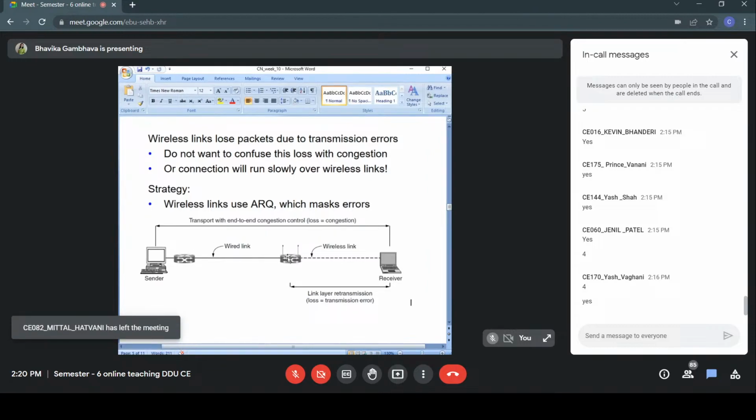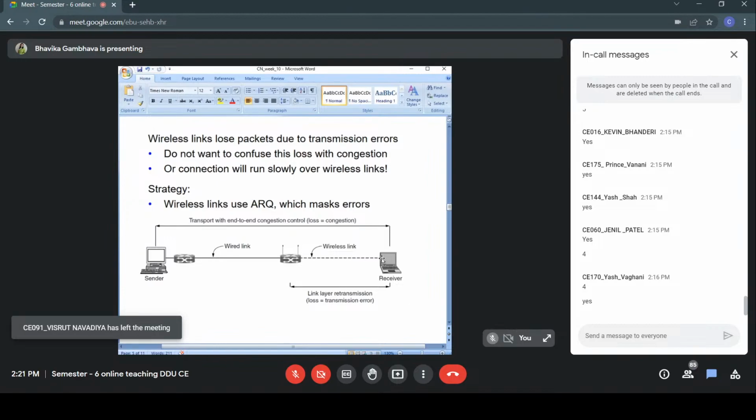Now, the base station takes over and it sends data to the receiver. If it is not getting an acknowledgement here, then we know that this is the wireless link. So there are very high chances that packet losses are because of transmission errors. So whenever it doesn't get an acknowledgement, what will it do? It will simply send the data again. Flow will not be reduced.